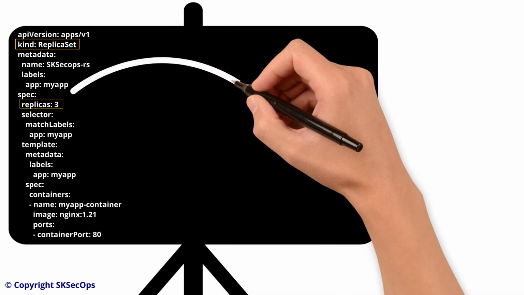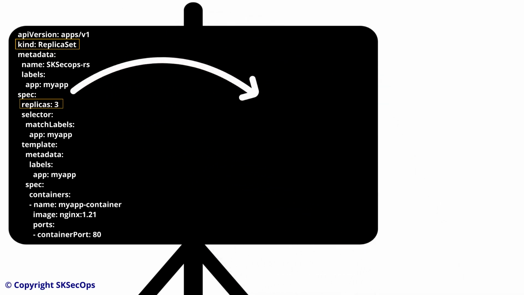Here you can name your ReplicaSet, but I have named it SKSecOps-RS. You can name it whatever you want in this field. Now the most important thing is under the spec section, where you can specify the number of replicas. I have taken the number as 3 so that when we apply this manifest file, it creates 3 pods.